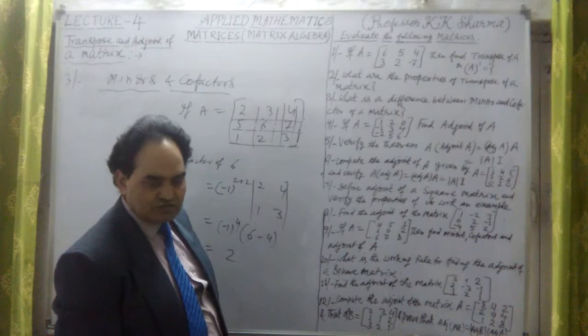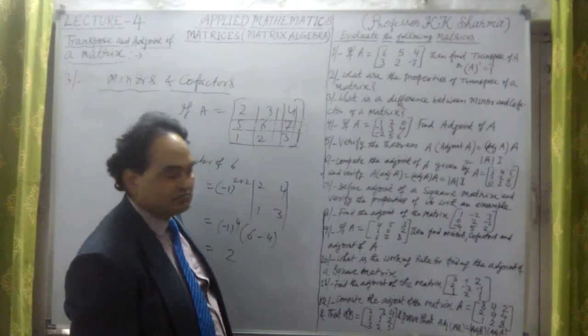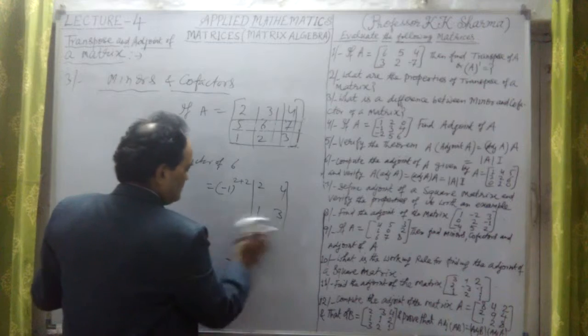The difference between minor and cofactor is that the minor has no sign of i plus j.